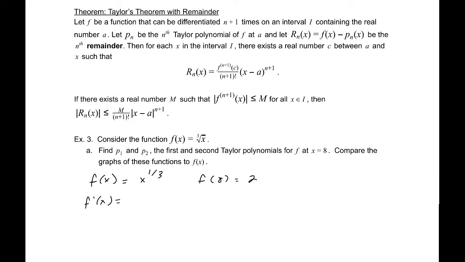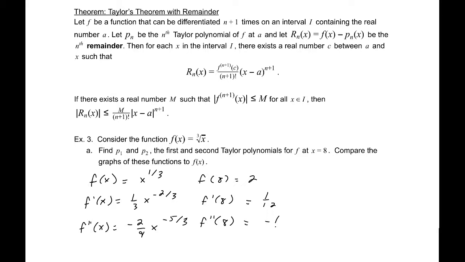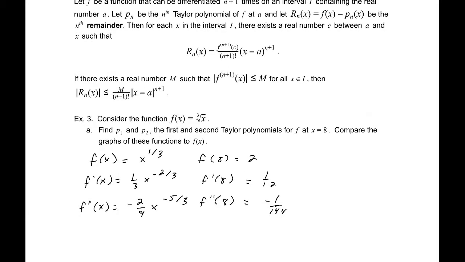F prime of x is 1/3 x to the negative 2/3. So f prime of 8 is 1/12. F double prime of x is going to be negative 2/9 x to the negative 5/3. Meaning the second derivative evaluated at 8 is negative 1/144. So let's attempt to write our polynomials.